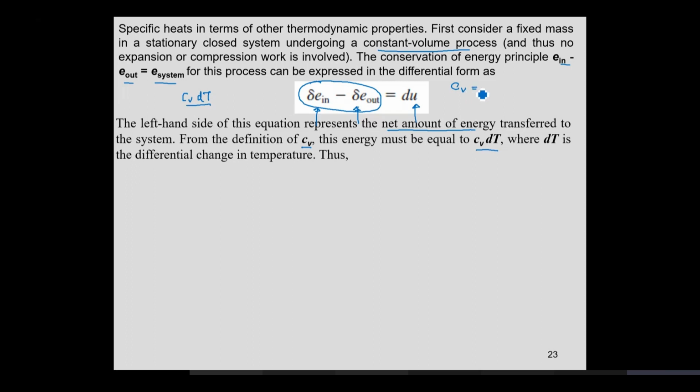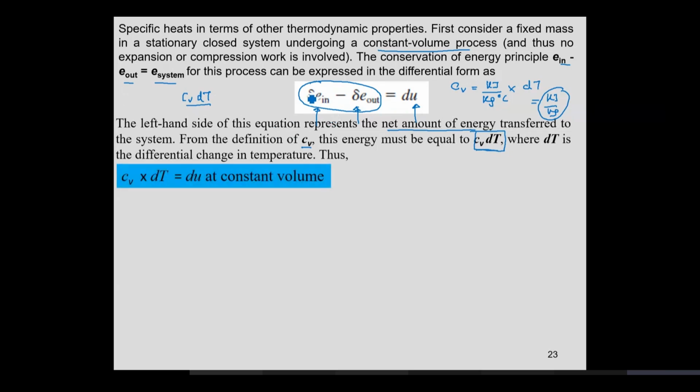CV is basically energy per unit mass per change in temperature. So energy per unit mass for change in temperature dT would essentially be equal to kilojoules per kg. So CV dT is basically the net amount of energy that is flowing into the system.